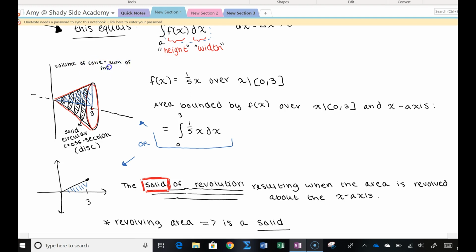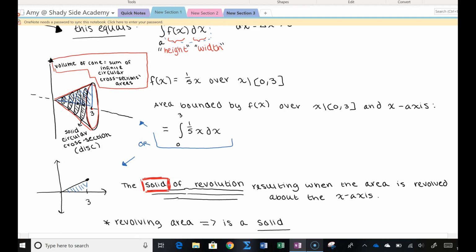Okay, all right. Now, here is the thing. If the volume of a cone is a sum of infinite circular cross-sectional areas, whenever you hear sum of infinite something, you know you're going to have what symbol popping up? Sigma. A limit of a Riemann sum, or you're going to have what? An integral. By definition, the integral comes from this idea of adding up infinite things.